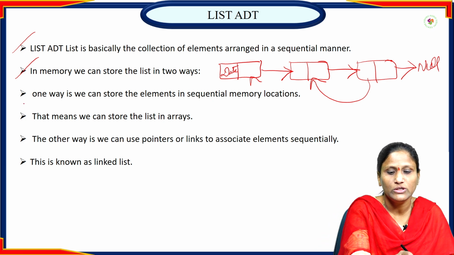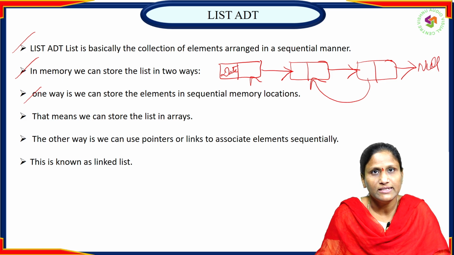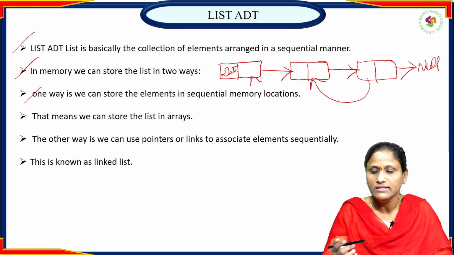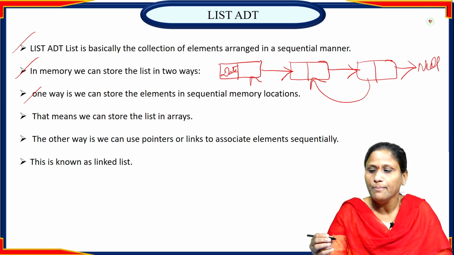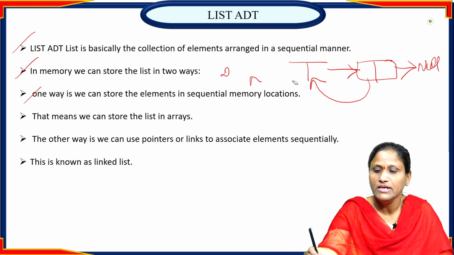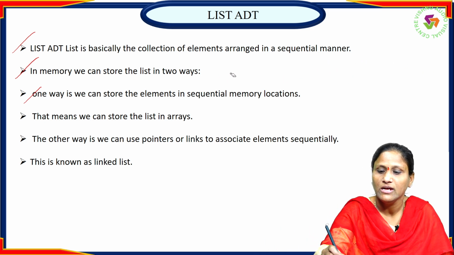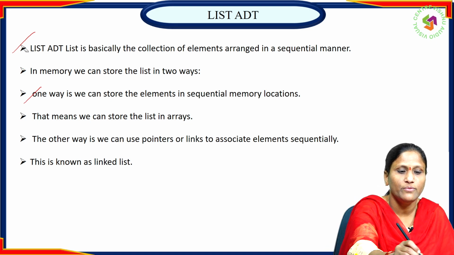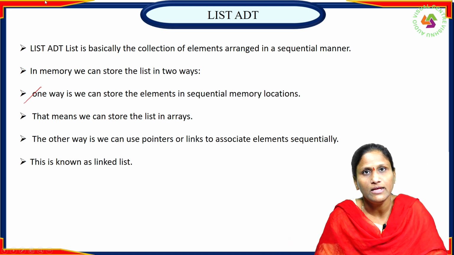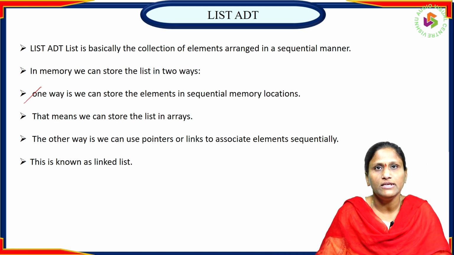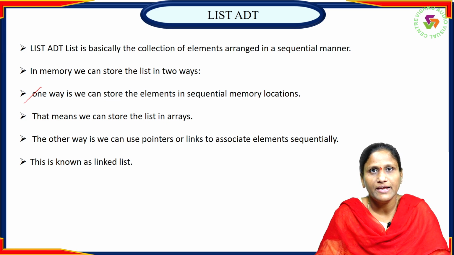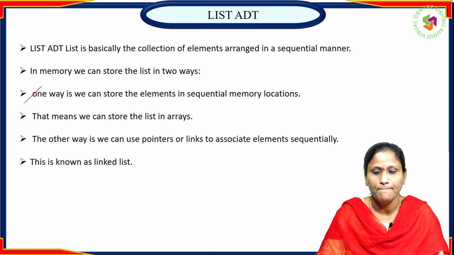One way is we can store the elements in sequential memory locations, that means side by side memory locations, instead of representing in the form of a tree, hash, or something else. So here we are representing data in a linear manner, that is, the elements are arranged in a sequential manner.